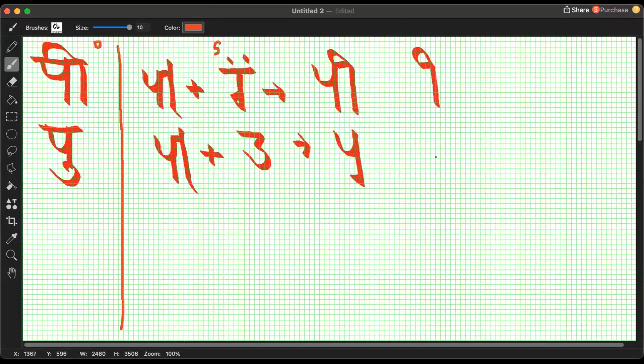So the matra for Pu will be: take it to the left and then draw it straight. Gradually, if the size of the alphabet is small, this will get covered. It will just be like this. This is Pu.